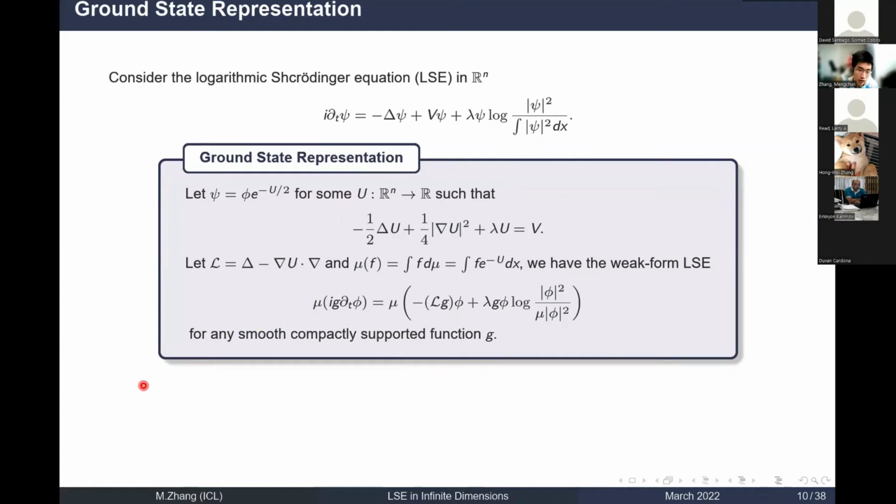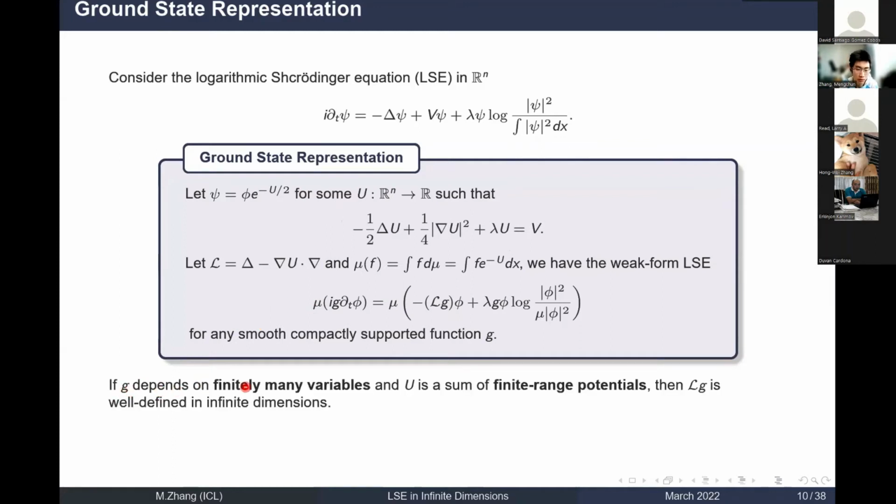Because, for example, if you consider g only depending on finitely many variables, so g is a local function, and if u is a sum of finite range potentials, then these differential operators can only induce finitely many terms, right? So in this case, this Lg is well defined, and then we're good to go. Everything should be fine. So this is a rough idea of how we can make things well defined in infinite dimensions by using the ground state representation.